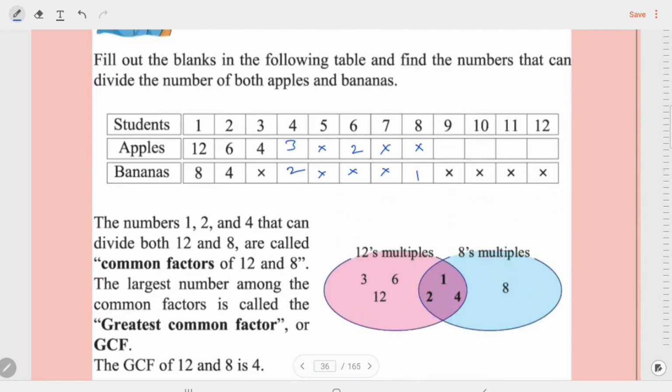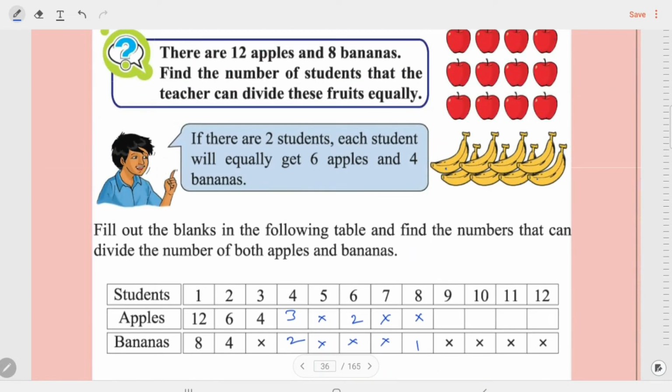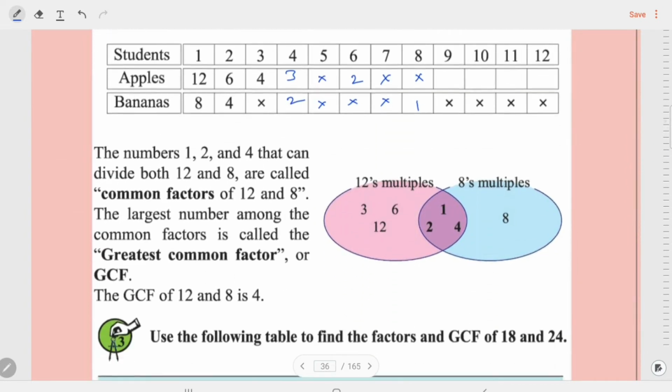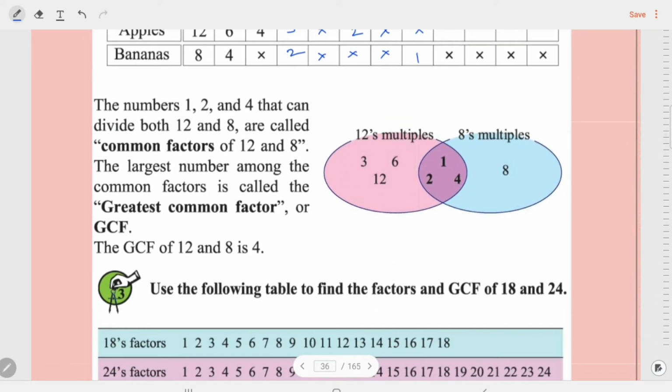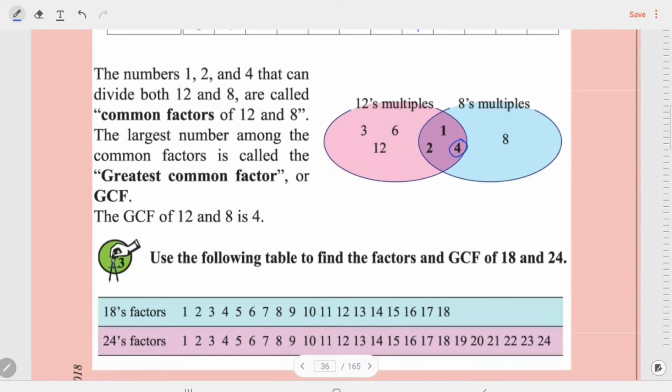Okay, in this case it is 4. So the GCF here is 4. Okay, you have to find the common factors. Okay, the greatest among the common factors is the GCF. Okay, right.